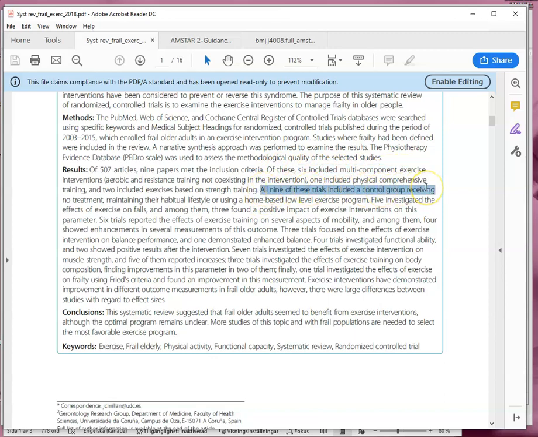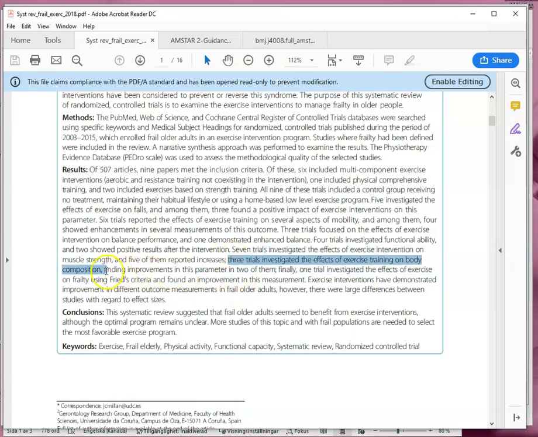All 9 have a control group, yes, because it was randomized controlled trials. 6 trials did something about mobility. 3 trials something about balance. 1 could show the effects of balance. 4 did something about functional ability. I don't know what that is, but we can maybe find it out. 7 did something on muscle strength, and 5 showed increased, so that was a good result.